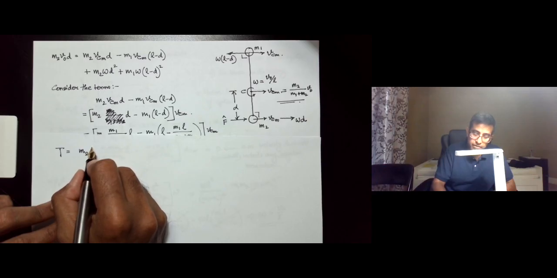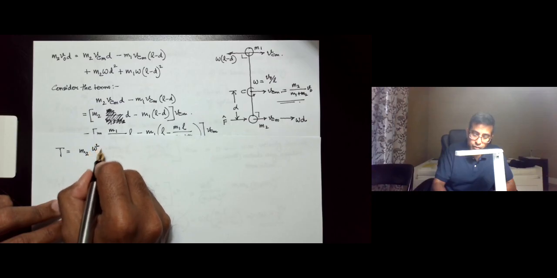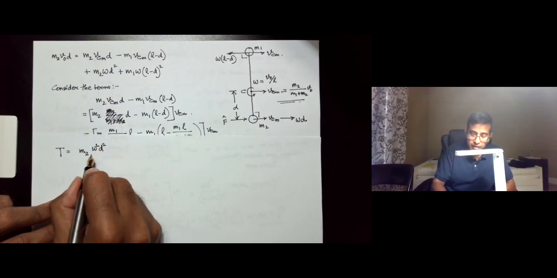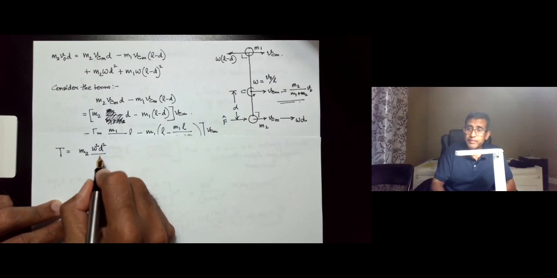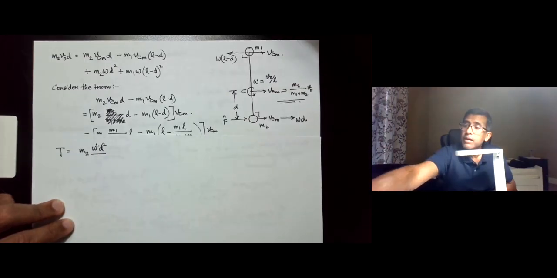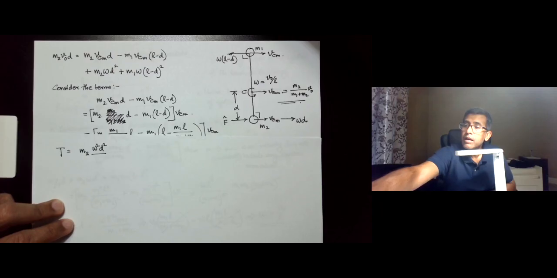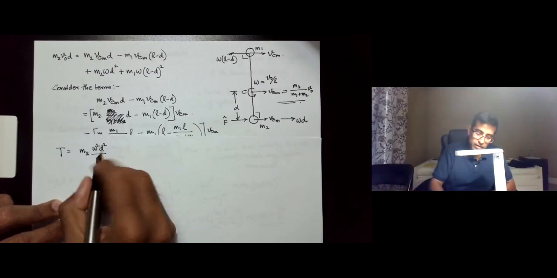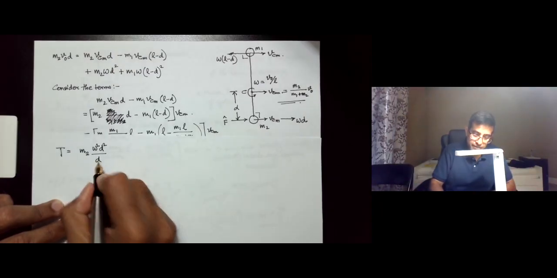omega squared d squared divided by d, which is m v squared divided by d.